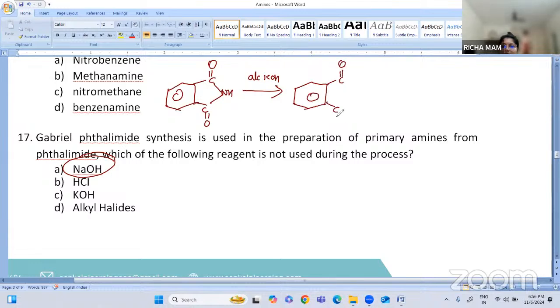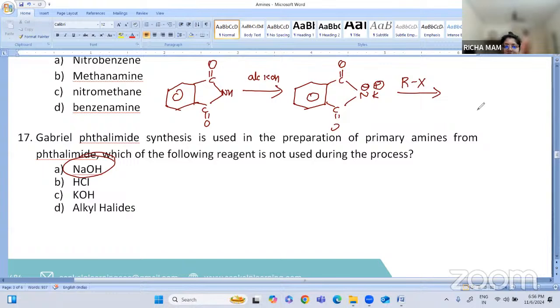When you treat it with alcoholic KOH, I'm going to get potassium phthalimide, right? This potassium phthalimide, I'm going to react it with an alkyl halide.